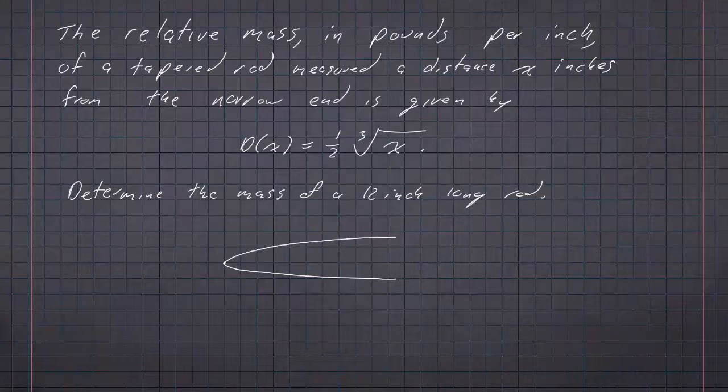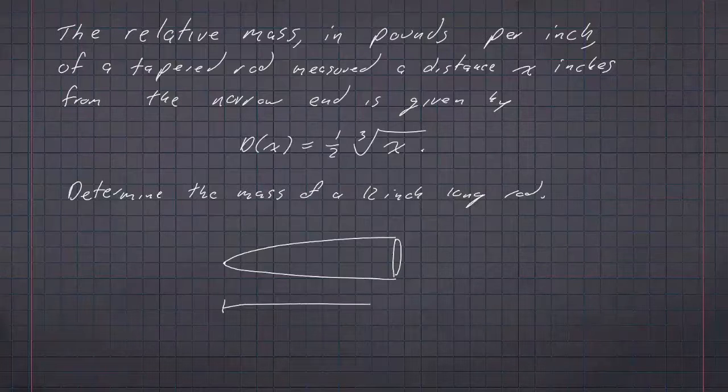And we know that the total length of this rod is 12 inches, and we have the relative mass. Another way of calling that is the linear density. If we treat this stake as a one-dimensional object, then its density depends only on its position in one dimension instead of in three-dimensional space that an object actually takes up.